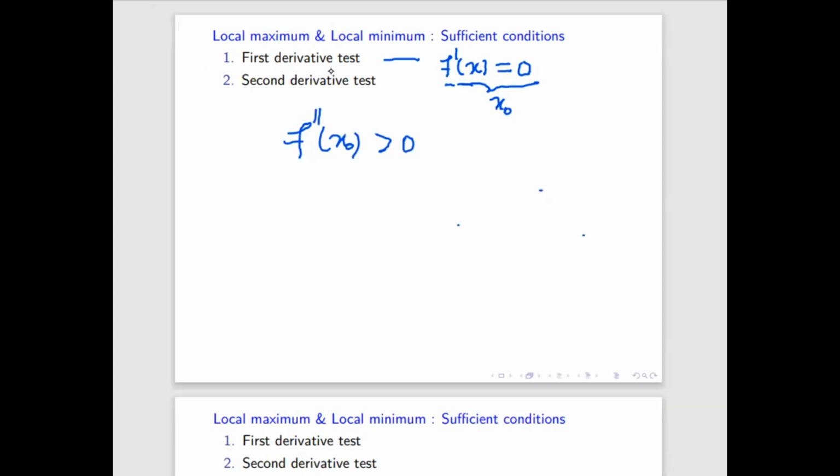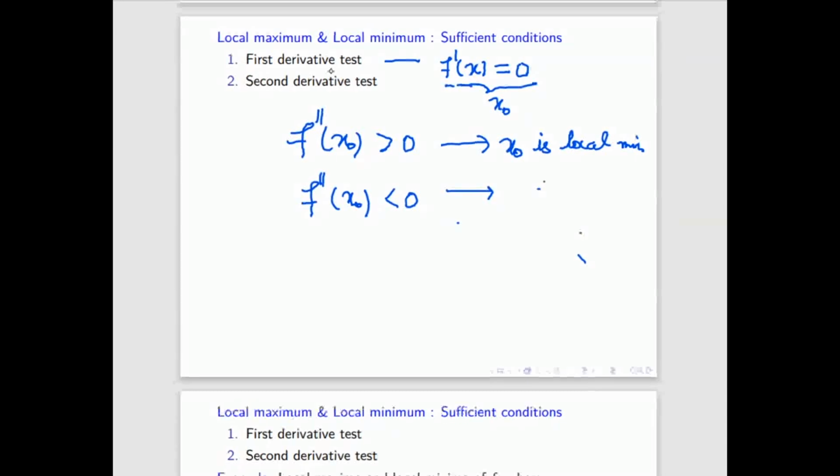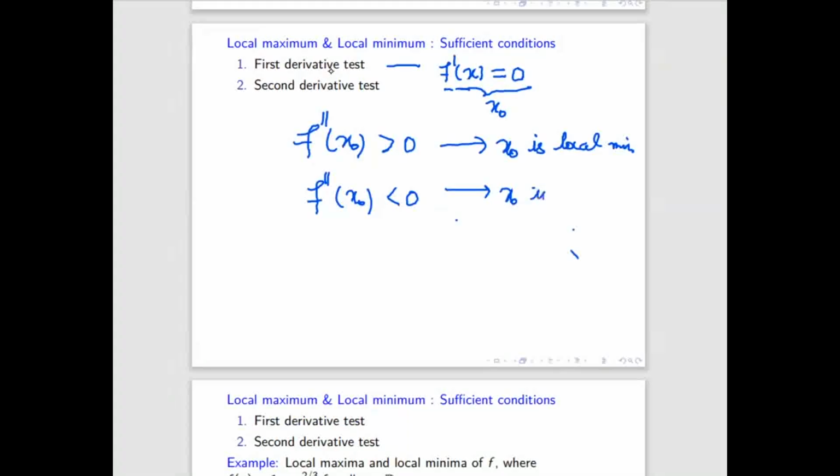You will get some points, and after solving, suppose you got a point x0. Then you will check the double derivative sign at x0. If it is greater than 0, it is a local minimum; if less than 0, it is a local maximum.